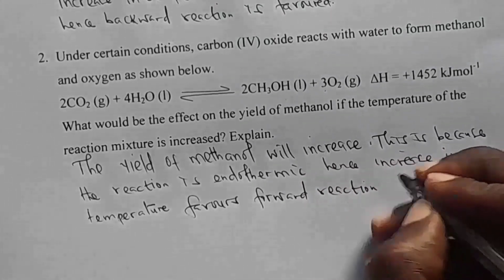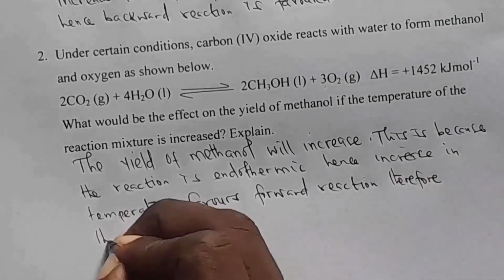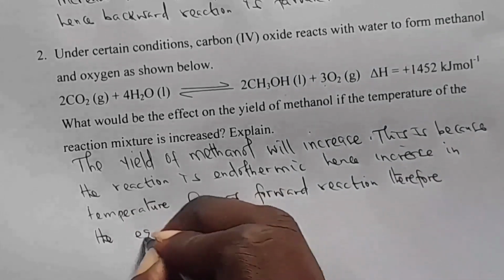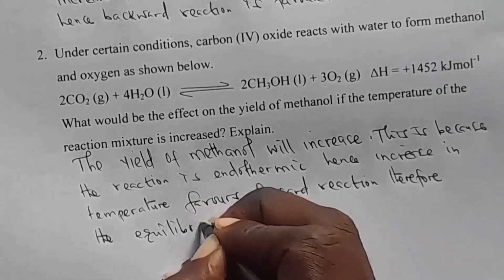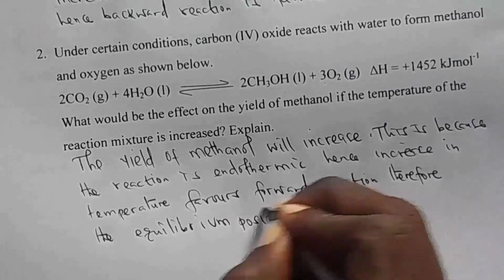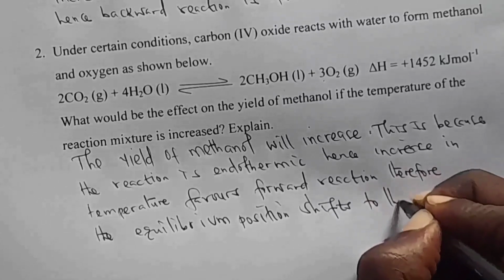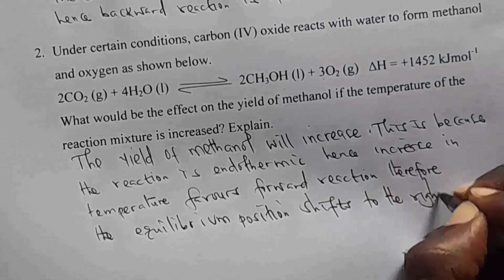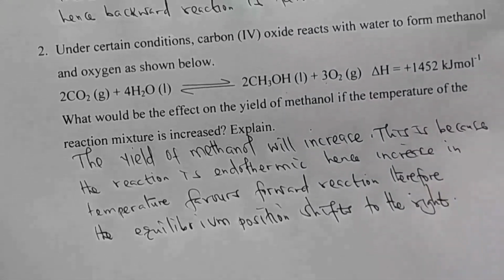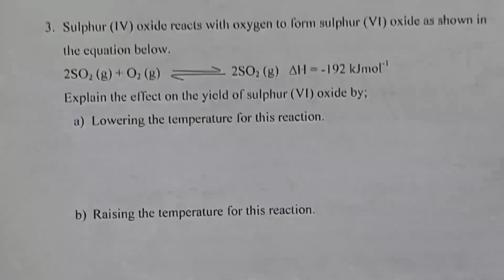Therefore, the equilibrium position shifts to the right. That is the effect on the yield of methanol.